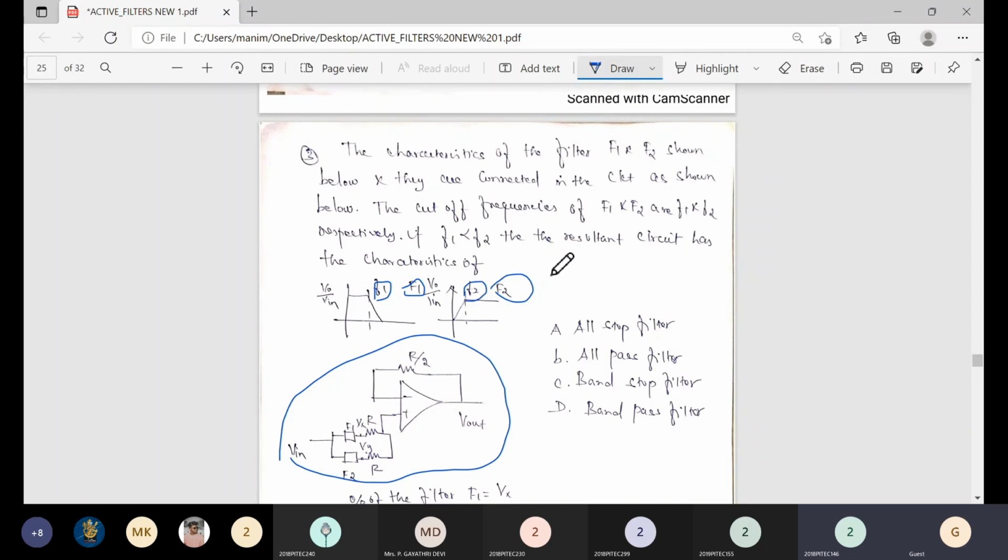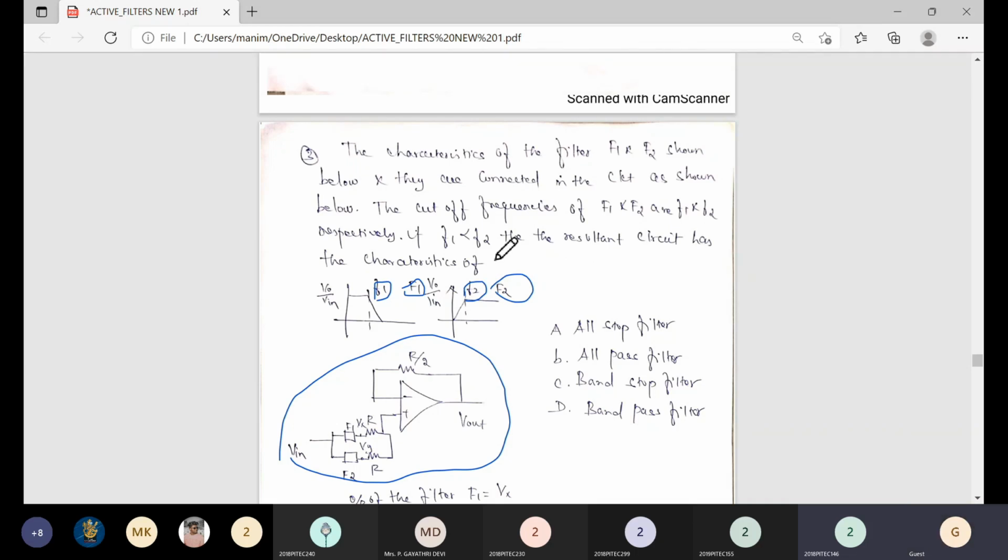f1 is less than f2. The resultant circuit has characteristics of, that is what they are asking. We combine these two characteristics, and they are given one circuit.